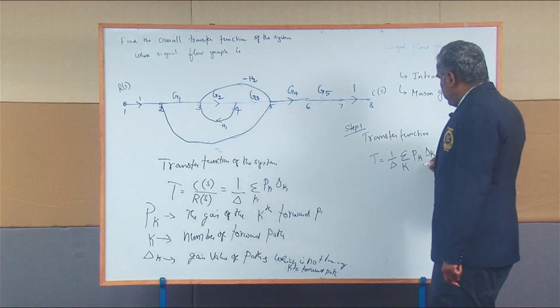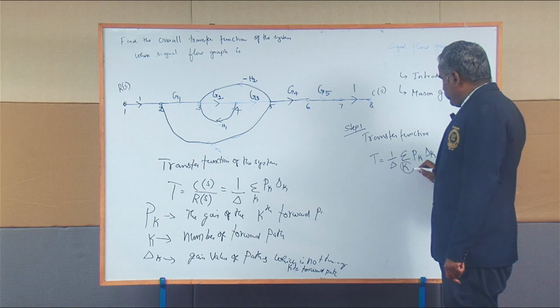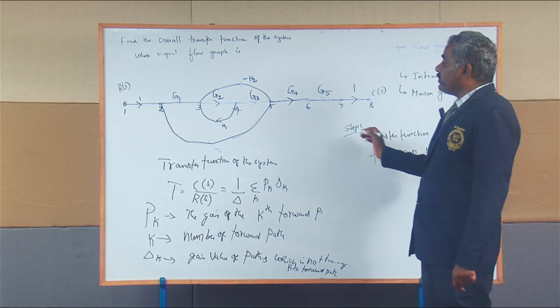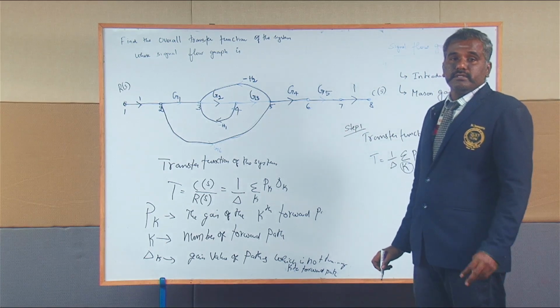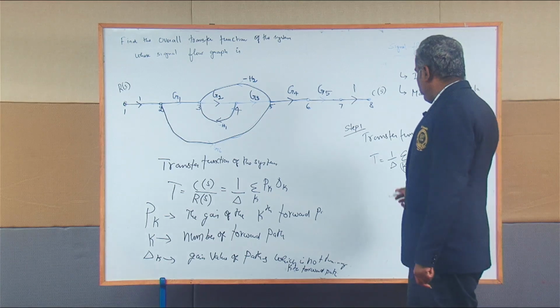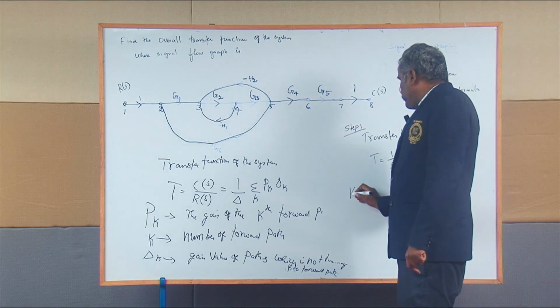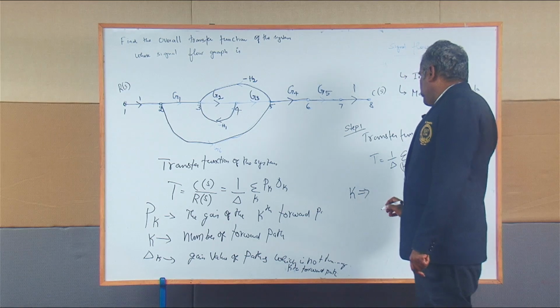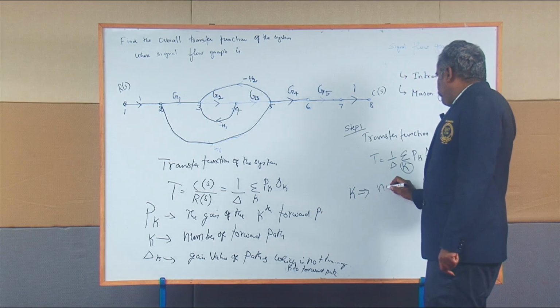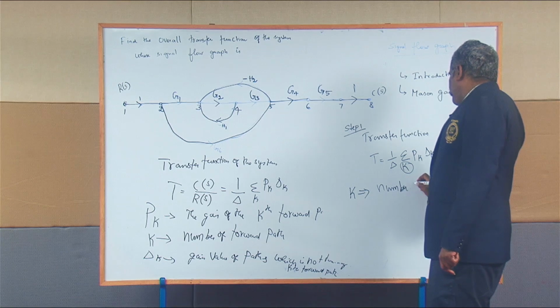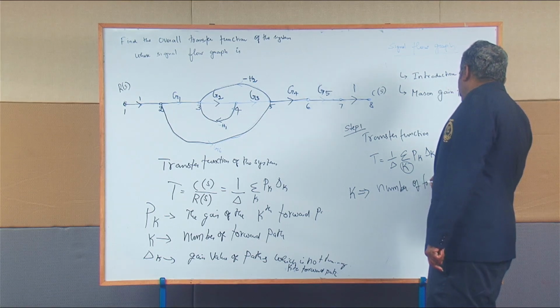In that, the first step is to find the k value. For any given problem, the first step is to find the k value and its gain. So k is nothing but the number of forward paths.